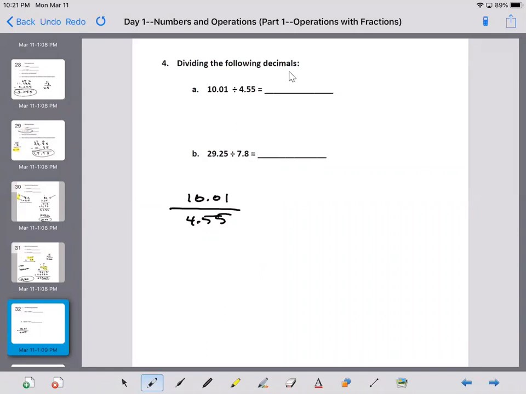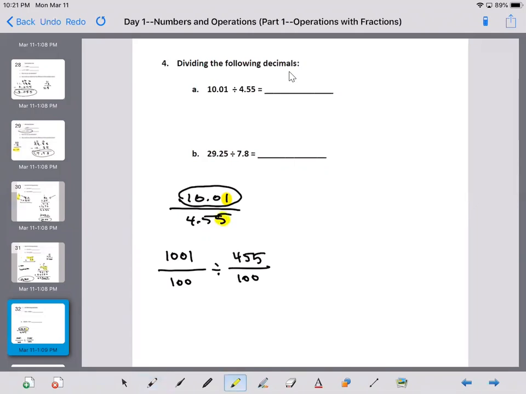I would encourage my students to look at what the place value means in this case. This is actually 1,001, and the place value of this 1 here is hundredths. And this is actually 455 hundredths, because that's the place value of this 5 here.